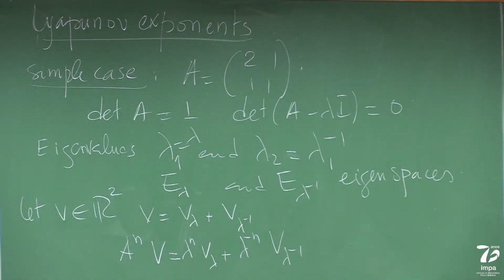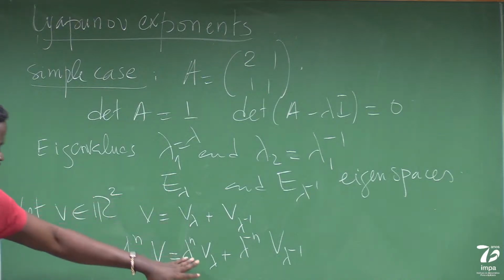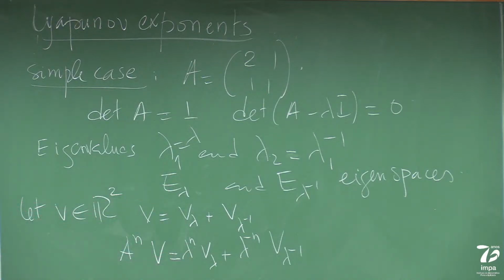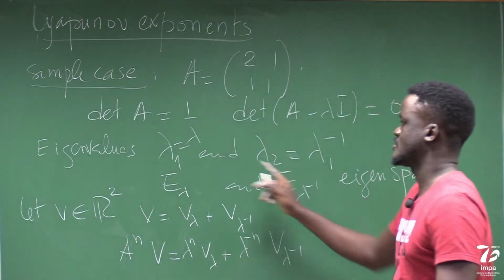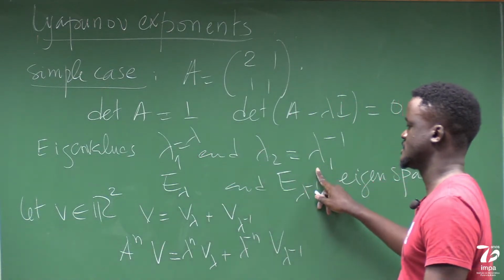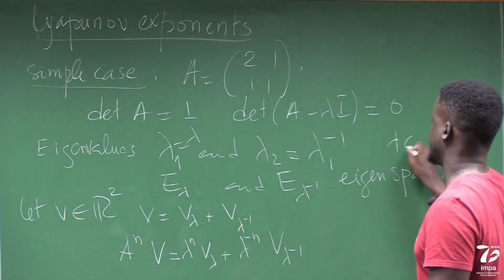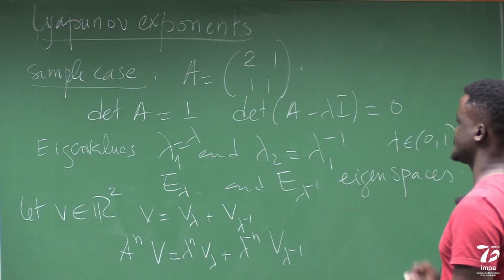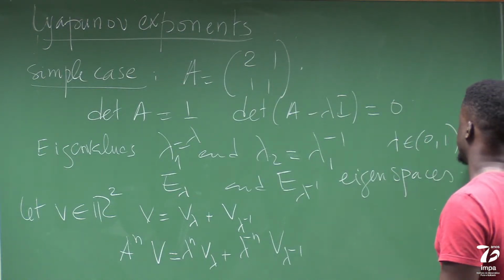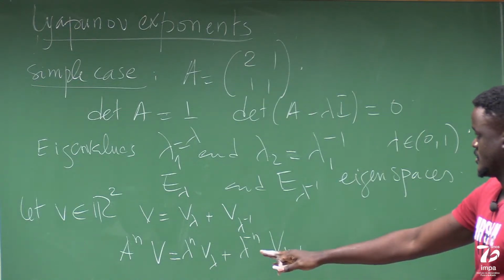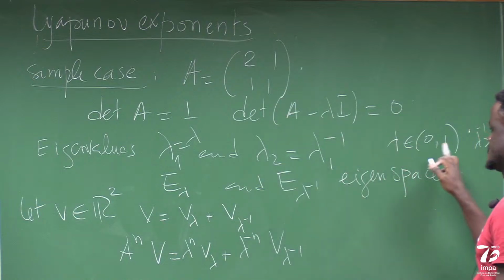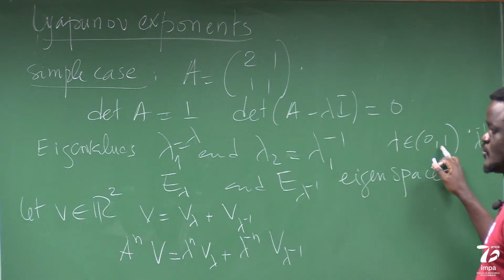This is just the definition of eigenspace and the associated eigenvalue. These eigenvalues are inverses of each other, so if one is in (0,1), the other one is bigger than 1. Let's suppose that lambda is in (0,1), so lambda minus 1 is bigger than 1. And I chose this so that there is no eigenvalue 1.